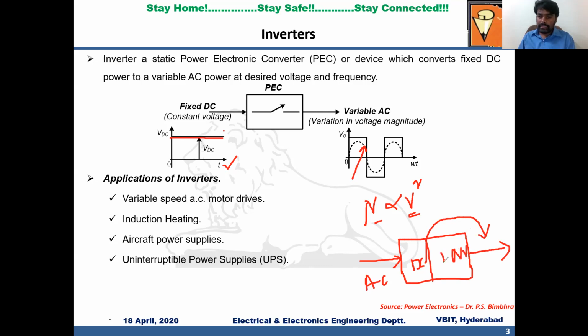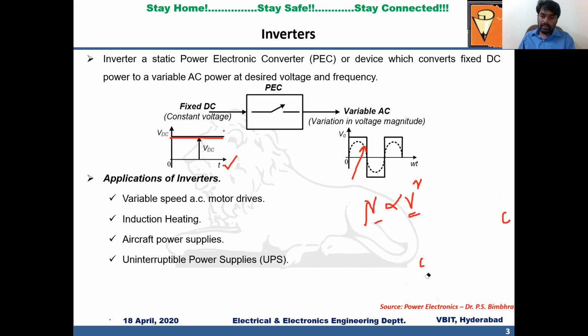So inside this UPS, we will be having a rectifier as well as an inverter. Because most of the domestic lights, fans, AC, cooler, they work on AC supply, you need to convert this stored DC into AC here. So there also you can use these inverters. So UPS also consists of an inverter, right?